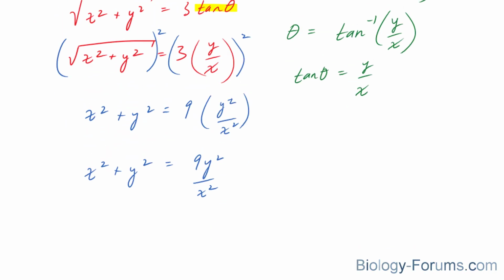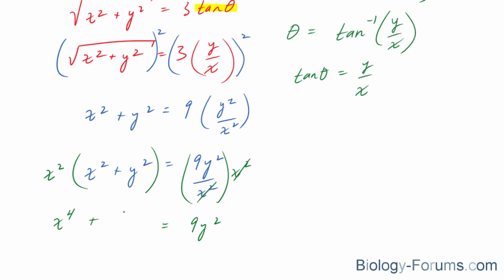Next, we will multiply both sides by x squared, because by doing that, the x squareds here cancel out. We end up with 9y squared. And on the left side, we have x to the power of 4 plus y to the power of 2, x to the power of 2.